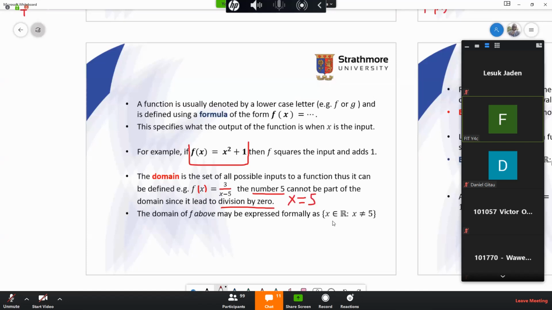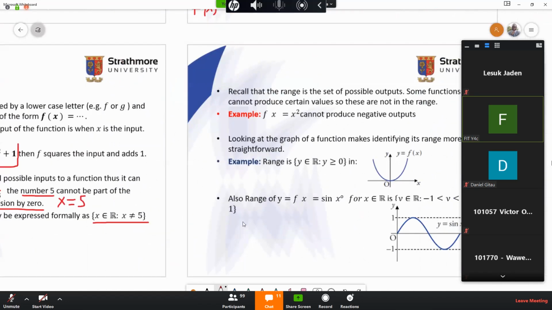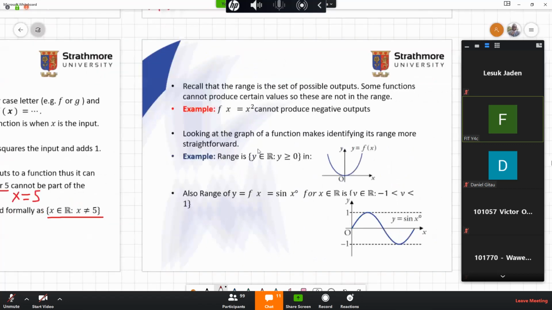We say the domain of this function is all real numbers except x equal to 5. x can never be equal to 5 as far as this function is concerned. That's how important the domain is. If you draw the graph of this function, at the point x equal to 5, the graph will be discontinuous.